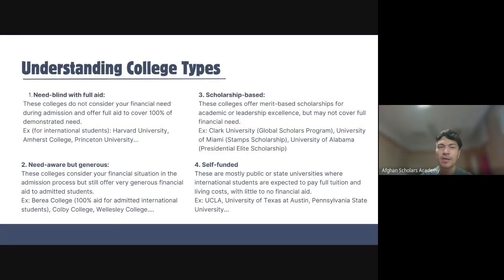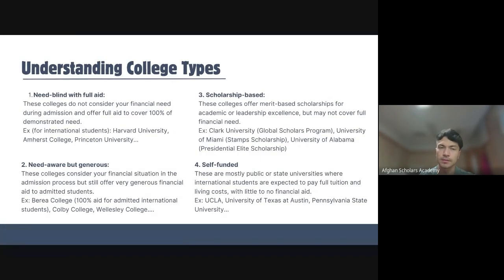Need blind means colleges do not really consider your financial need while they review your application, and they often offer fully funded scholarships to cover 100% of your need. If you get into those colleges, everything will be covered for you, 100%.